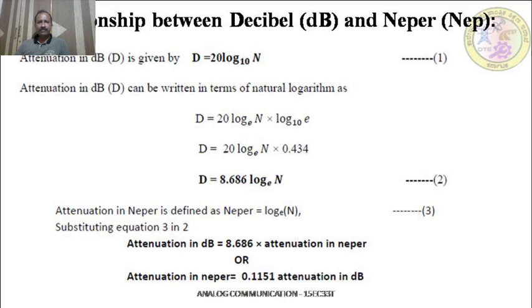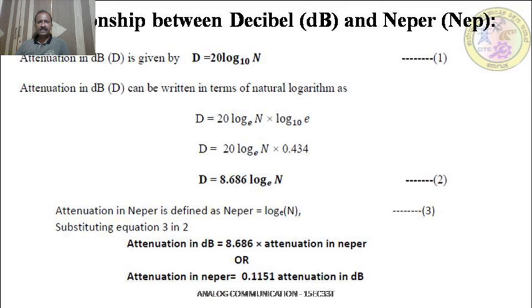8.686 log N base e. This is an expression for representing decibel D in terms of Neper. Log N base e is nothing but Neper. Here D is decibels. This is a relationship between decibel and Neper. Attenuation in Neper is defined as Neper is equal to log N base e. Substitute into this equation, you are going to get attenuation in dB is equal to 8.686 into attenuation in Neper.